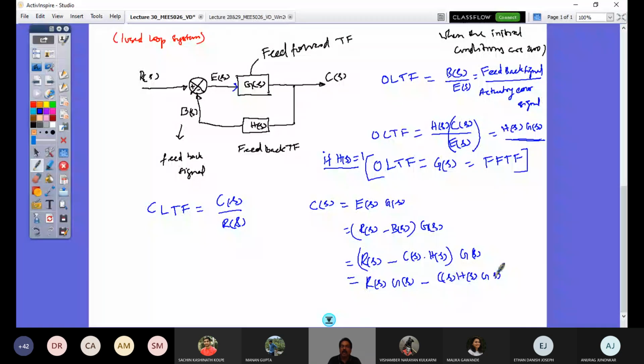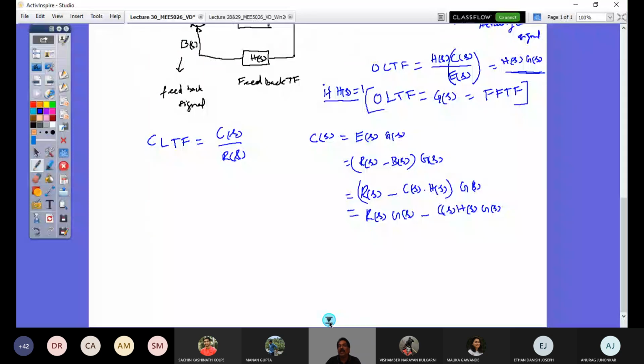And now you see, I'm going to group C of S together. My interest is to get this ratio, right? So here I have C of S appearing on this side and C of S on that side. So let me take this term on this side. So it's going to be C of S times 1 plus G of S, H of S, equal to R of S, G of S. So now what is my closed loop transfer function?